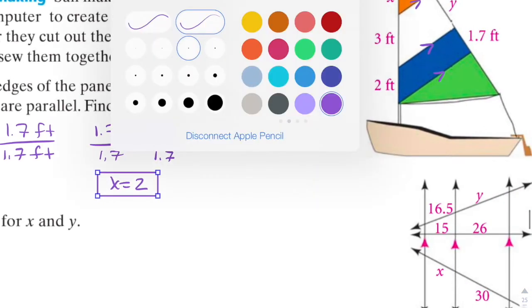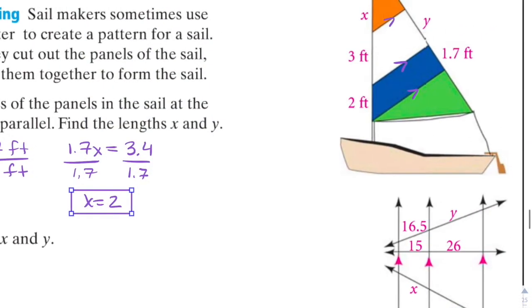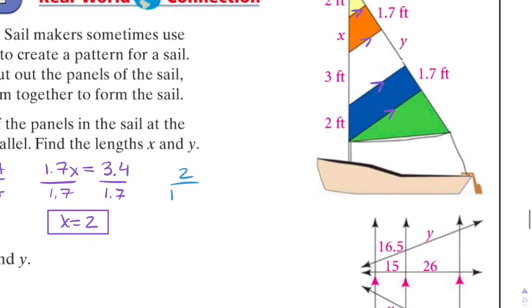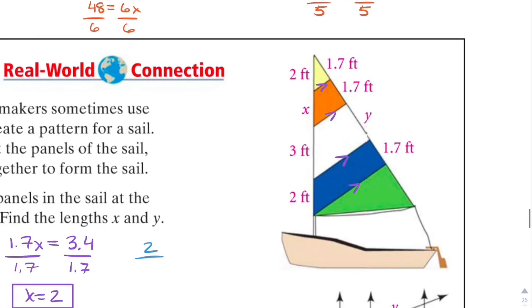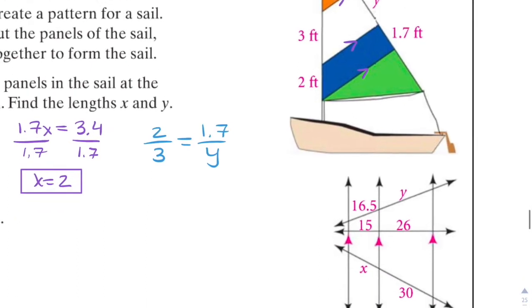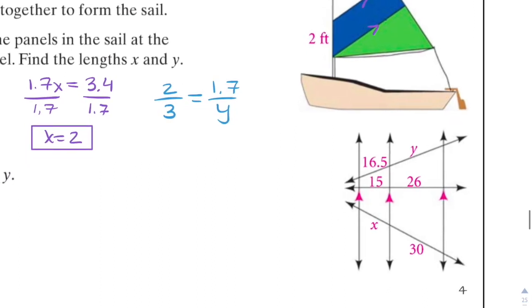And this next one, I'm going to set up y. So I'm going to say 2 is to 3. So I'm going to use this top one and the middle one. So 2 is to 3 as 1.7 is to y. So I'm going to get 2y equals, let me see.